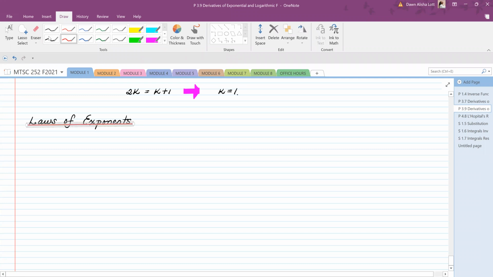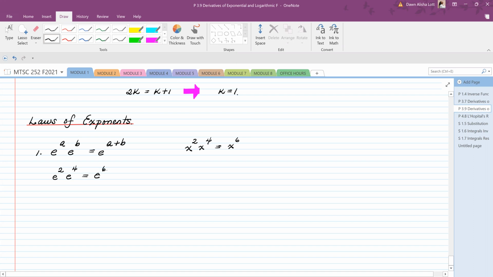The first one is e to the a times e to the b is e to the a plus b. So you just add the exponents. It's the same way as when we did x squared times x to the fourth became x to the sixth, e squared times e to the fourth becomes e to the sixth.